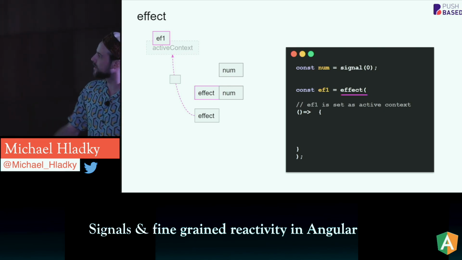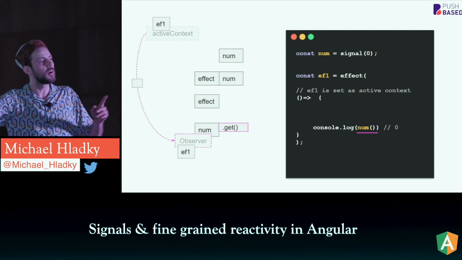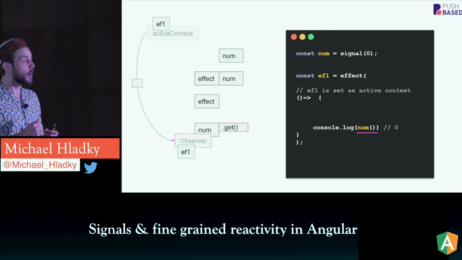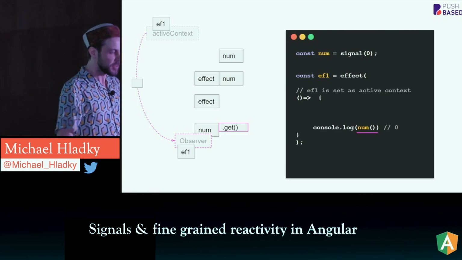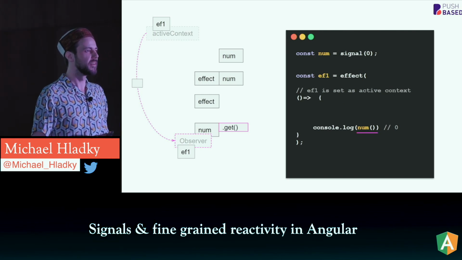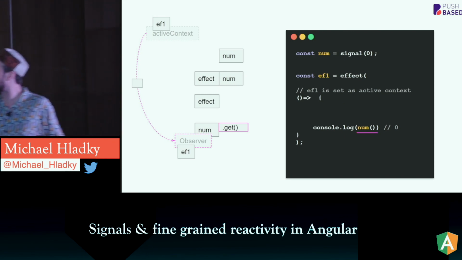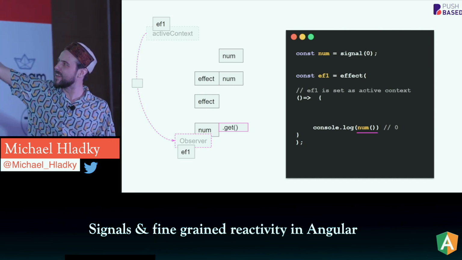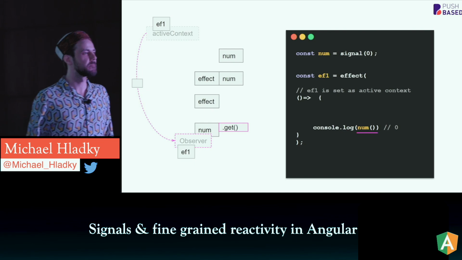And inside of me as an effect, I call this signal, and we know from before, whenever I get a value out of my signal, I also go to the global context and pull in the active context and put it in my observer list. So when I get the value in an effect at this very moment, I make the connection and I pull the active context into my observers.